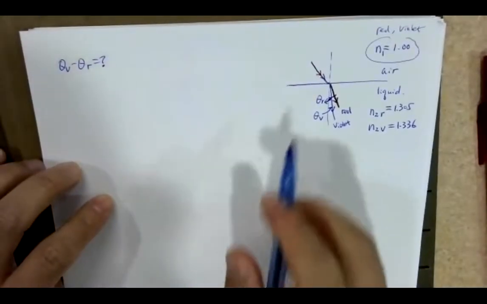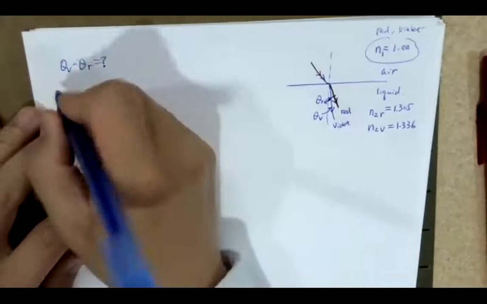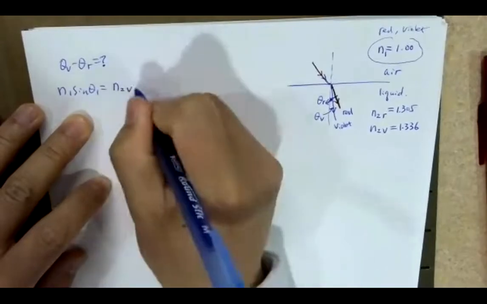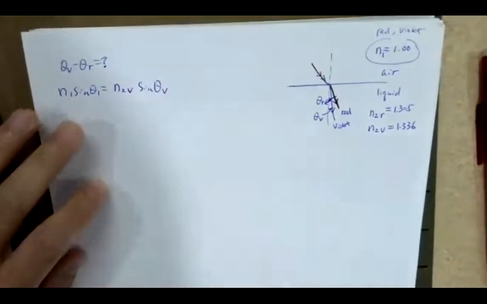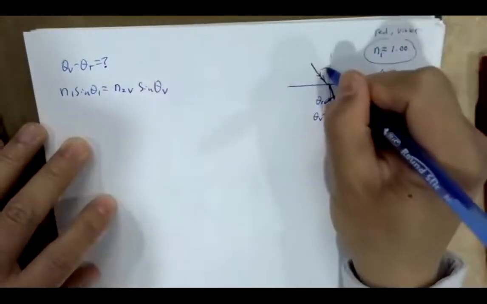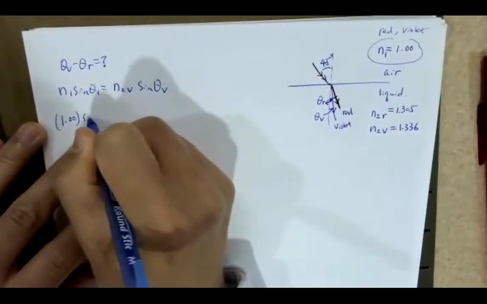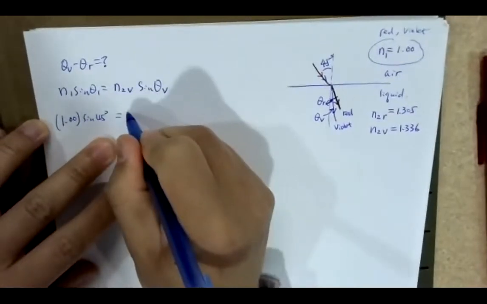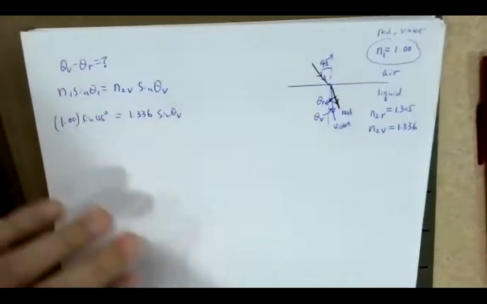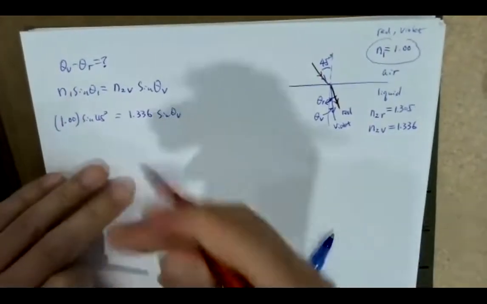Okay, so we can apply Snell's law for the violet light. That will be n1 sine theta 1 equal to n2V sine theta V, and this theta 1 is given as 45 degrees. N1 is 1, times sine of 45 degrees equals N2V, which is 1.336, times sine of theta V. You can divide both sides by 1.336 to get rid of that.